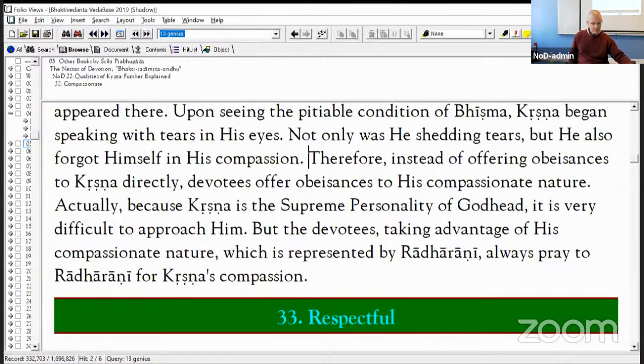Prabhupada says, instead of offering obeisances to Krishna directly, devotees offer obeisances to his compassionate nature. Actually, because Krishna is the Supreme Personality of Godhead, it is very difficult to approach him. But the devotees, taking advantage of his compassionate nature, which is represented by Radharani, always pray to Radharani for Krishna's compassion. Jai Jai Shri Radhe.